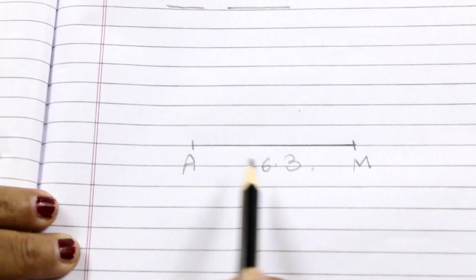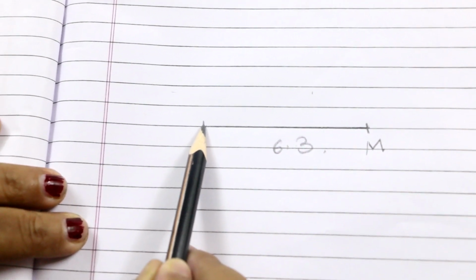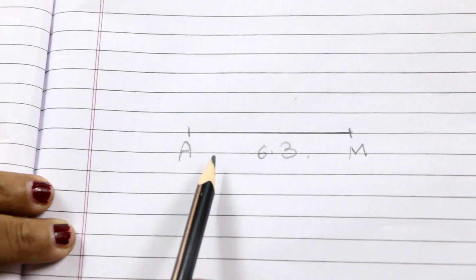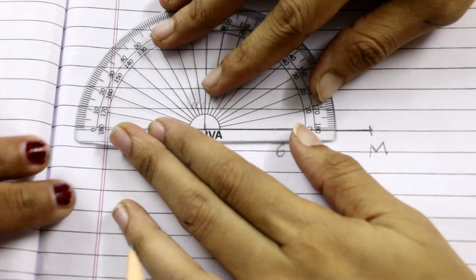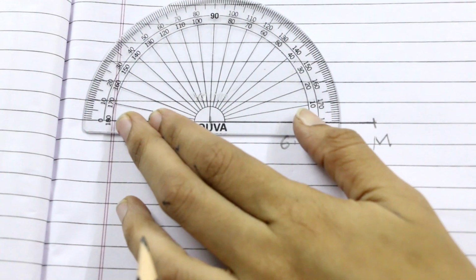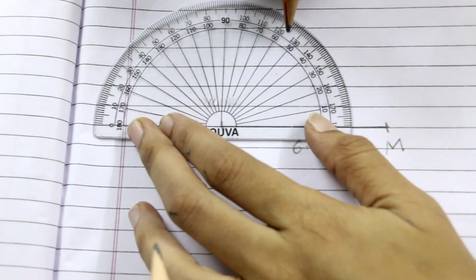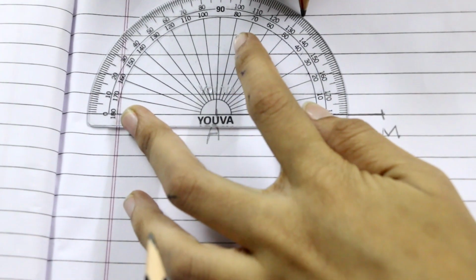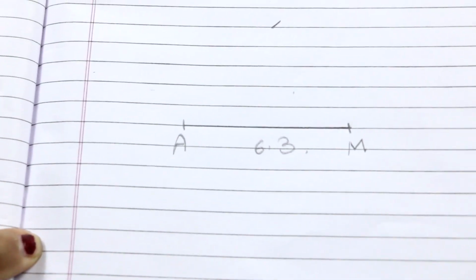Now I want to keep the protractor at A and take the 50 degree, mark the 50 degree angle as you did before. Go anti-clockwise 10, 20, 30, 40, 50. Draw the line with the help of a scale.